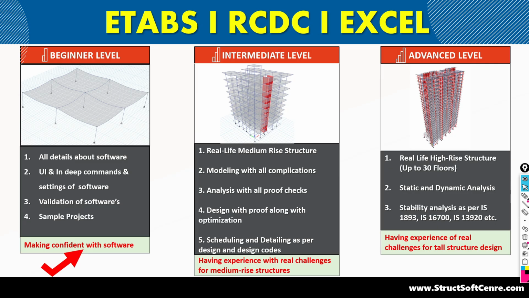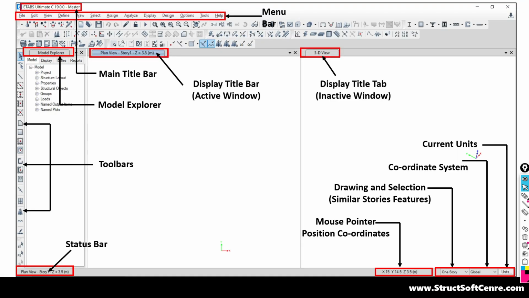So in the beginner level, the objective is to build confidence in our participants to deal with the software, and to have the basic concepts of structural design. Whatever we are going to deal with in our intermediate level, we are making the preparation for in the beginner level. So first we are going to understand the introduction about your ETABS software.